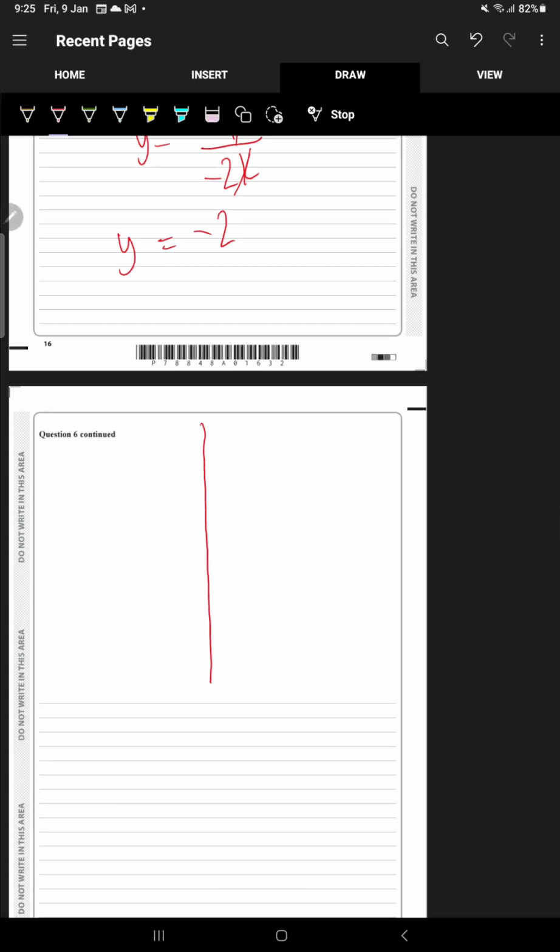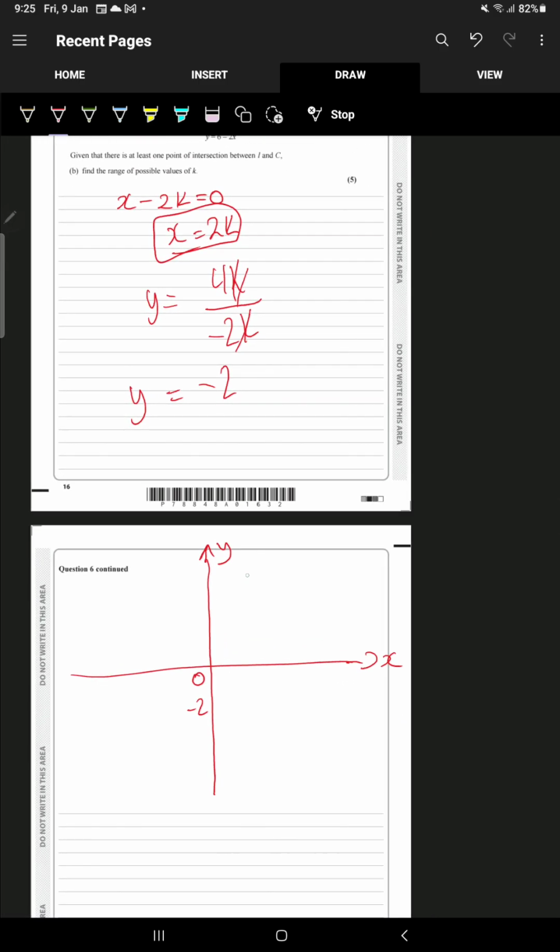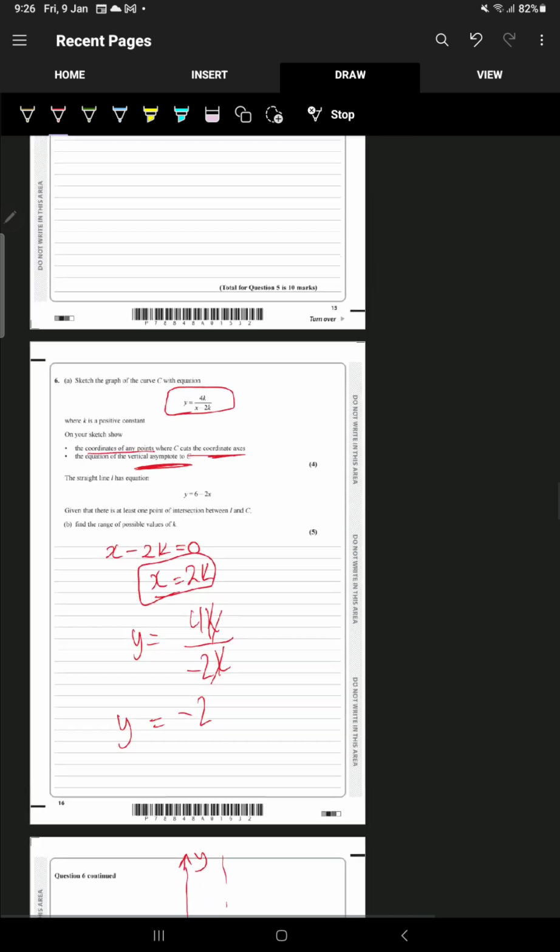Now let me draw a graph here. x, y, 0, this is minus 2 here. The x asymptote is going to be positive, x is equal to 2k.